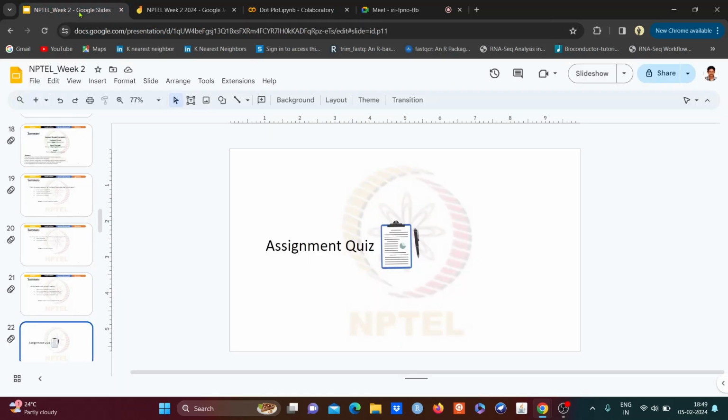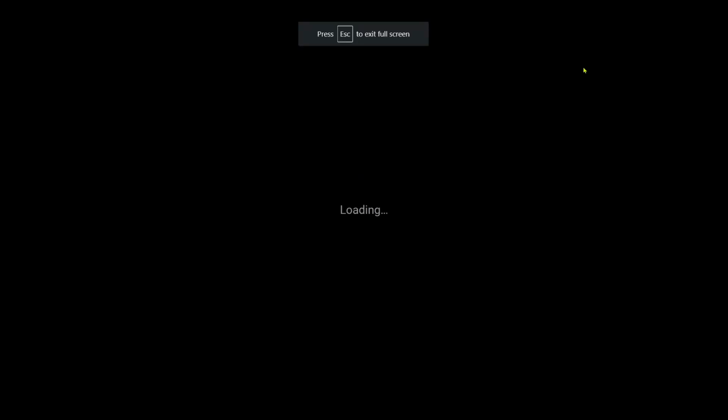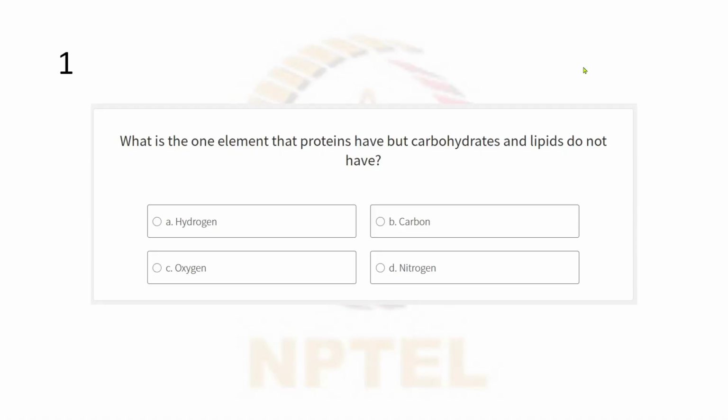Okay, now I'll be moving on to the assignment quiz. Today we have mostly theory questions, so that should be fast. What is the one element that proteins have but carbohydrates and lipids do not have?